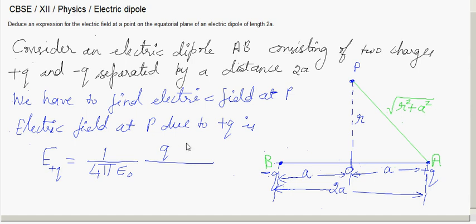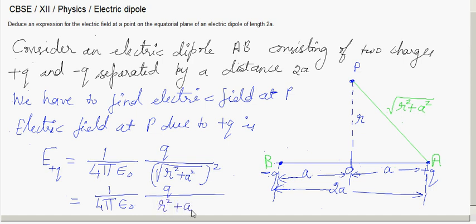So q divided by the square of the distance between the charge plus q and P: the square root of r square plus a square, whole squared. This will be equal to 1 by 4 pi epsilon naught into q divided by r square plus a square.